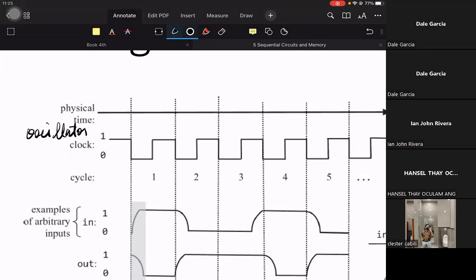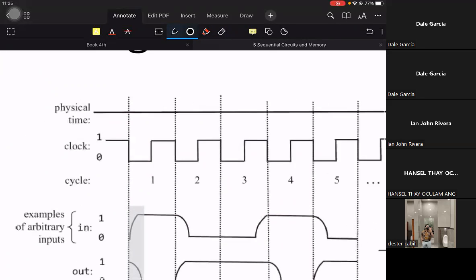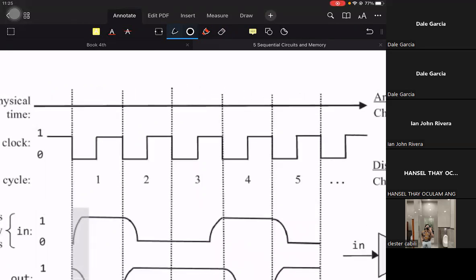Op-amp is possible, a 555 timer is also possible. But right now, it doesn't matter to us what specific type of implementation the clock is made of. As long as its output is capable of generating a sequence of on and offs.